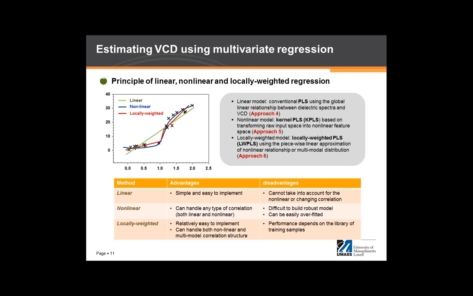But the one thing that we are experiencing is that during the exponential growth period we have one correlation structure, and during the declining phase we have a totally different correlation structure between the dielectric spectroscopy pattern and the viable cell density, cell viability, and so on.